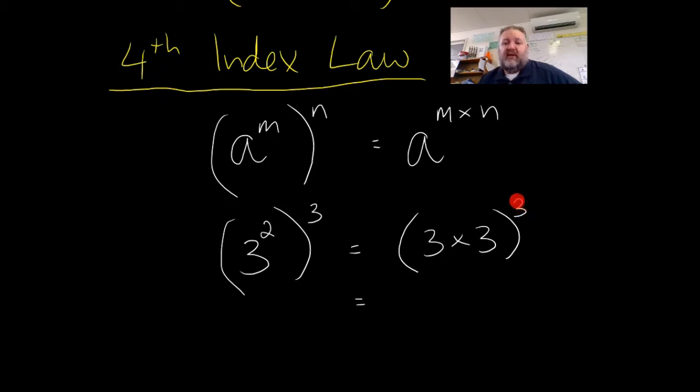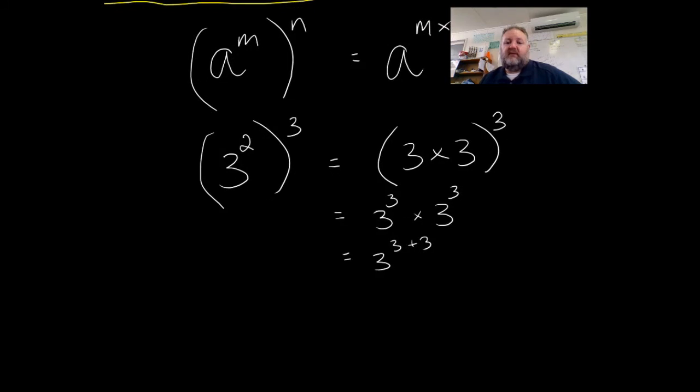We've got our power of 3. So that means this 3 is being affected by the power of 3, and this other 3 is also affected by the power of 3. So I would write it as 3 to the power of 3 times 3 to the power of 3. Okay? And we know that 3 to the power of 3 plus 3, because this is from the second index law, will equal 3 to the power of 6.